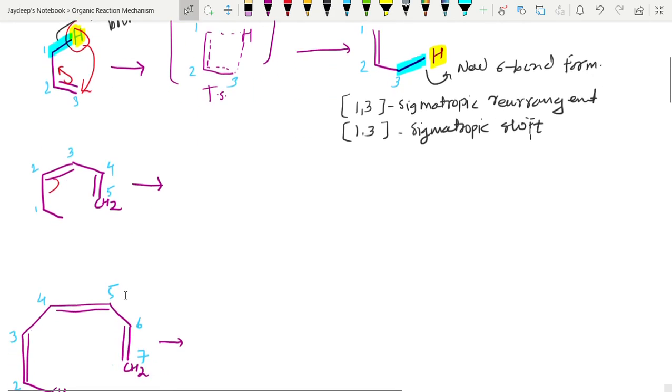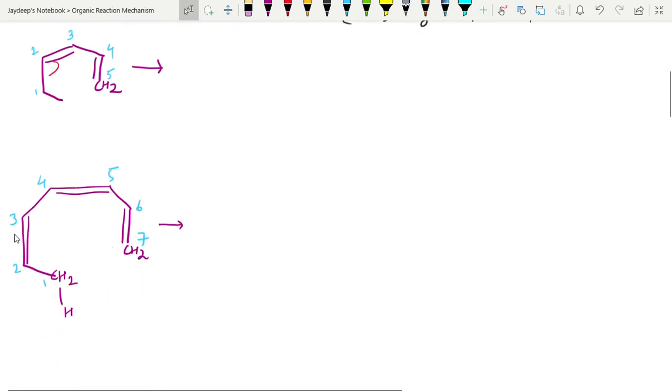Now consider the second example. In the second example, this is 1,3-pentadiene. Again, the numbering shown in this structure is different from the regular IUPAC nomenclature system. Regular IUPAC numbering should start from the exactly reverse side: 1, 2 is here, 3 is here, this is 4 and this is 5.